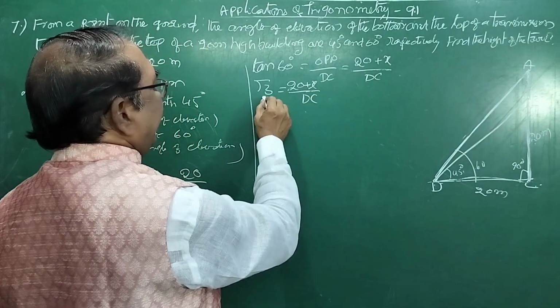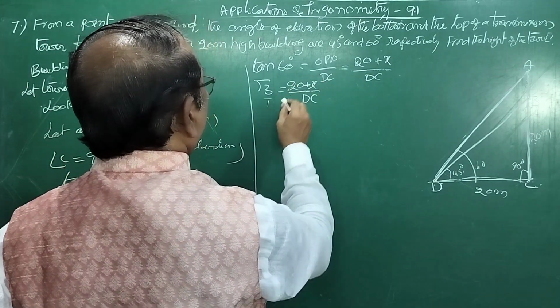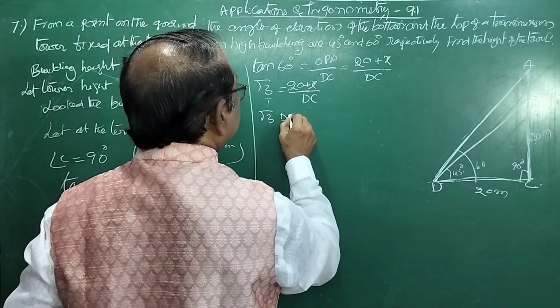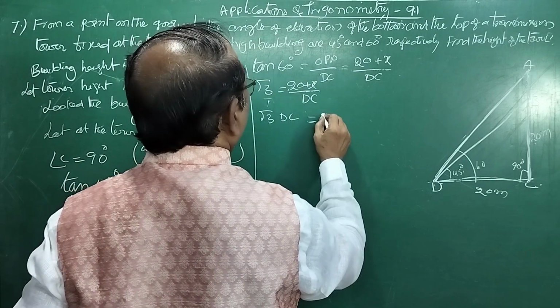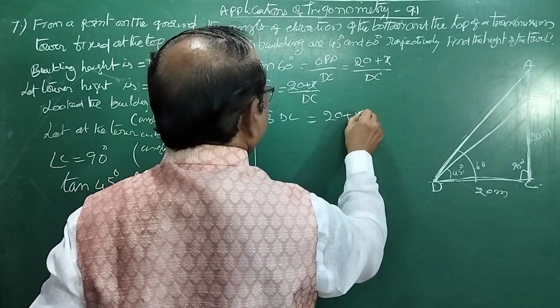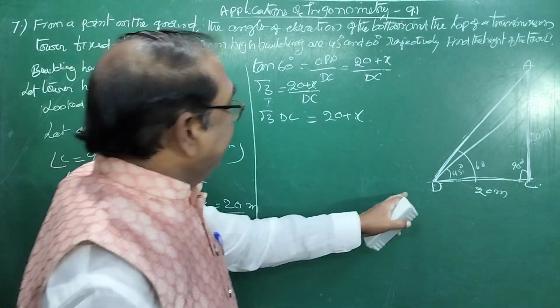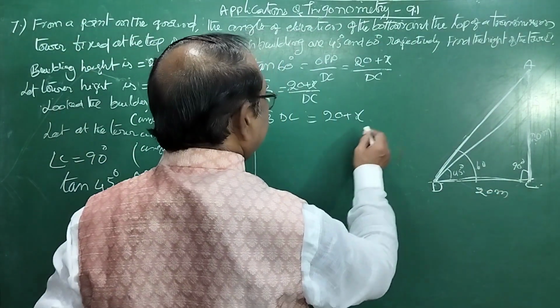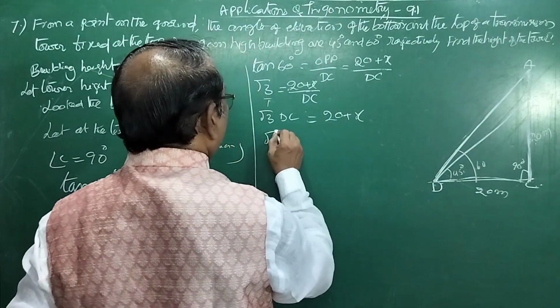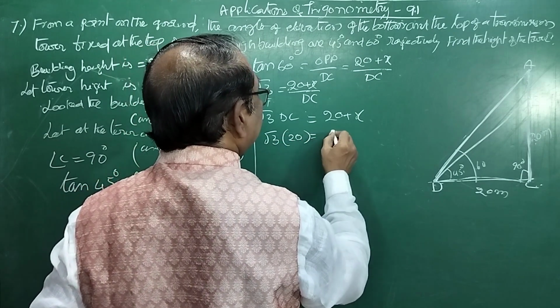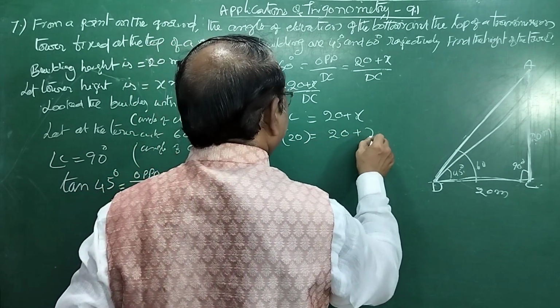Let us cross multiply. Root 3 DC is equal to 1 into 20 plus x. But DC is 20 meters. So root 3 into 20 is equal to 20 plus x.